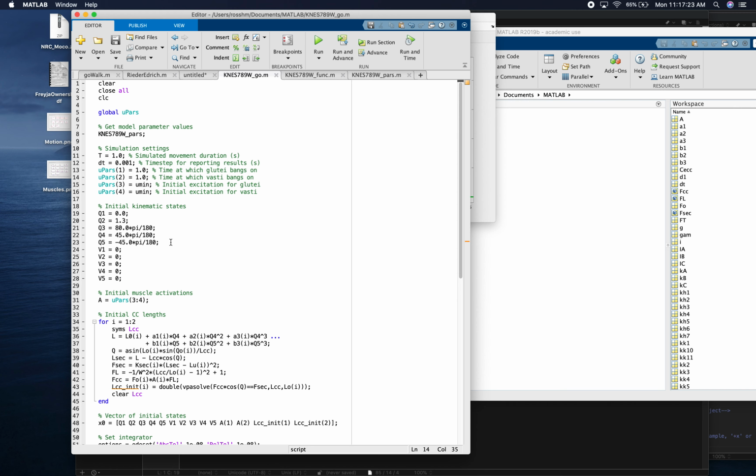The model is going to begin from an initial flexed posture, so it's going to start with 45 degrees of hip flexion and 45 degrees of knee flexion, and then the muscles are going to produce small moments in the other directions. So we should see the hip starting to extend from this initial flexed posture, and the knee also starting to extend from this initial flexed posture.